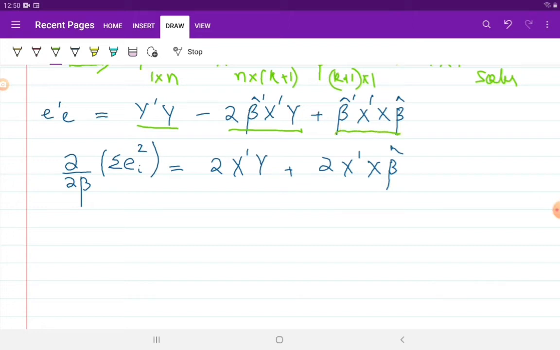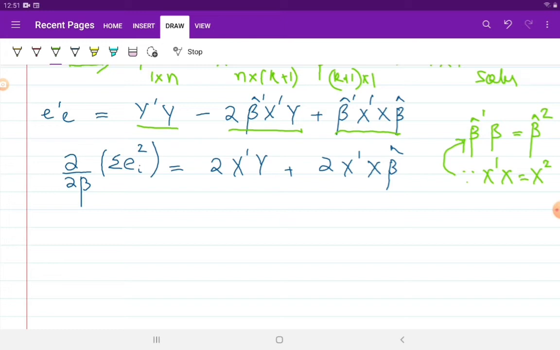In the third term you have beta hat transpose being multiplied by beta hat. According to matrix multiplication, this is like beta hat square, because x transpose x is something like x square. By the same logic, this is equivalent to beta hat square times x transpose x.